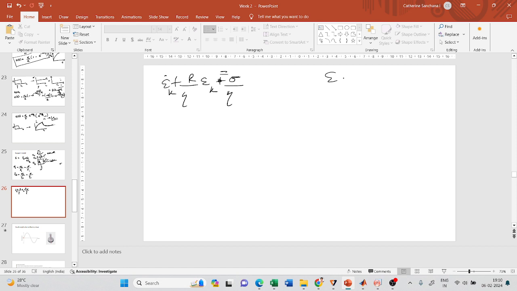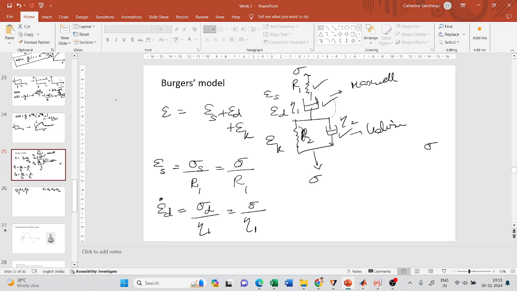Now I told you epsilon is equal to epsilon S plus epsilon D plus epsilon K. Here, if you see, it has these differential terms, right? Now, I cannot simply add them.